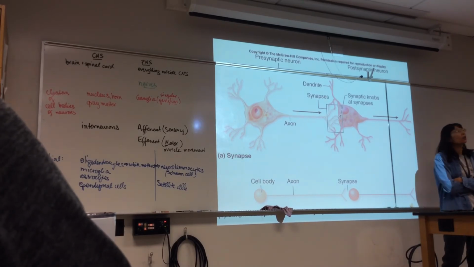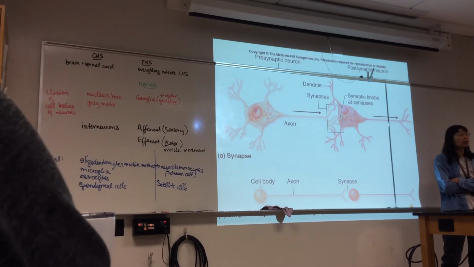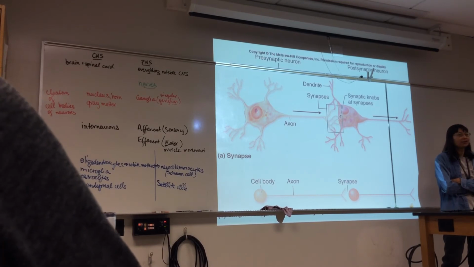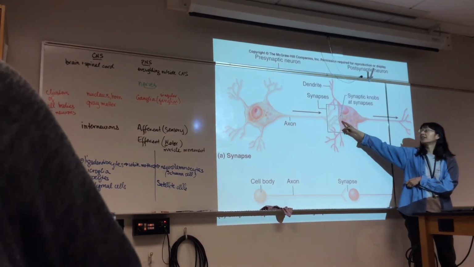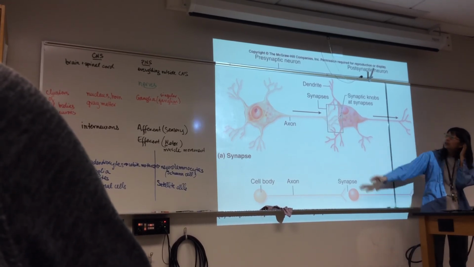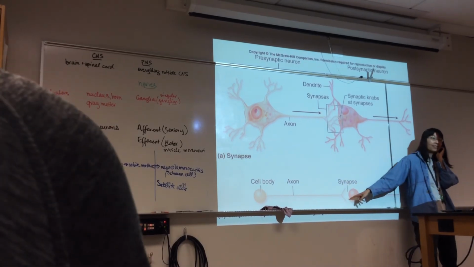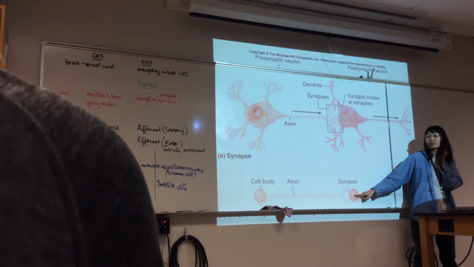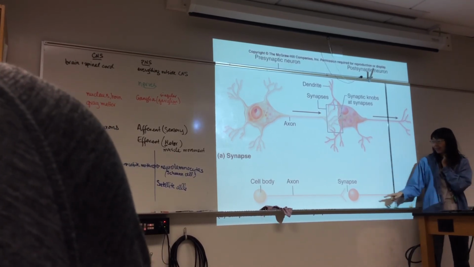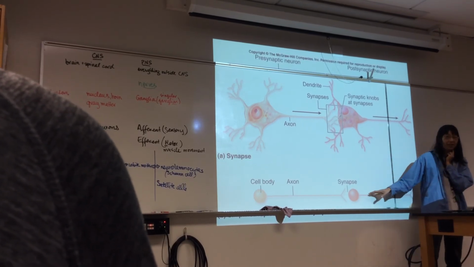Must the presynaptic neuron synapse with the postsynaptic neuron at the dendrites? No. Because right here it's meeting up at the cell body, right? So to simplify this picture, they draw this, because it's faster to draw. What's this round block? Cell body. What's this long line? Axon. And that is how we draw synapse. It's just an abbreviation. Make sense?